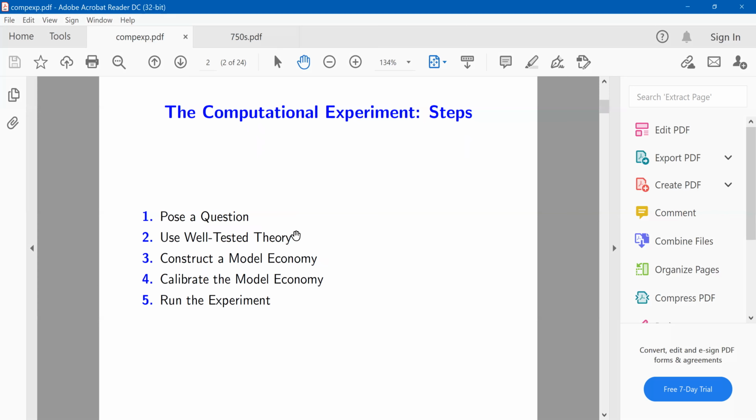Then you must have some theoretical foundations, and using these theoretical foundations in the third step, you construct a model economy, which means you have a fully parameterized model with utility functions and production functions and decision problems and market structures, of course. And then you calibrate this model economy using some data and the model solution, and finally, you design your experiment and run it, okay?